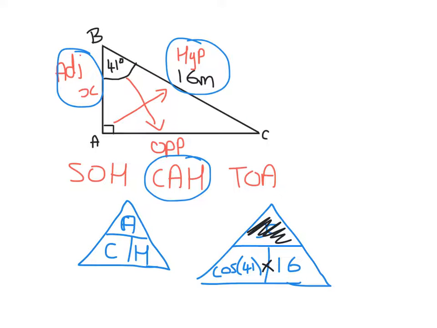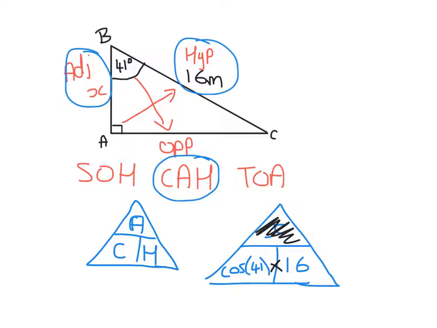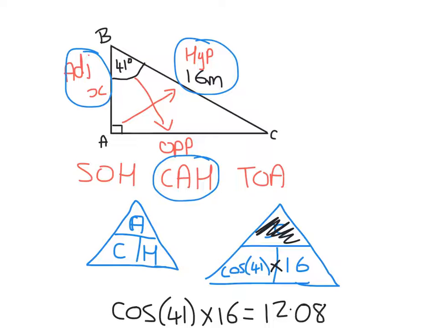So we're doing cos 41 multiplied by 16. And that will give us a value of 12.08 meters to 2 decimal places.